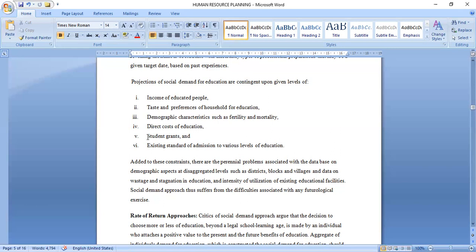So we look at factors like students' grants, availability of students' grants.